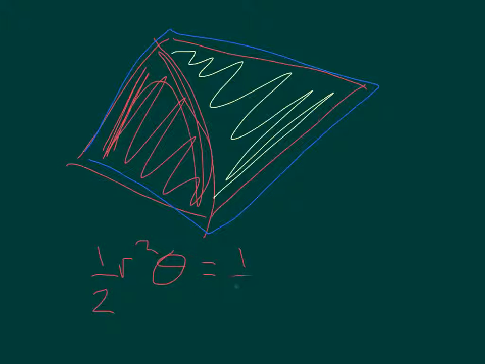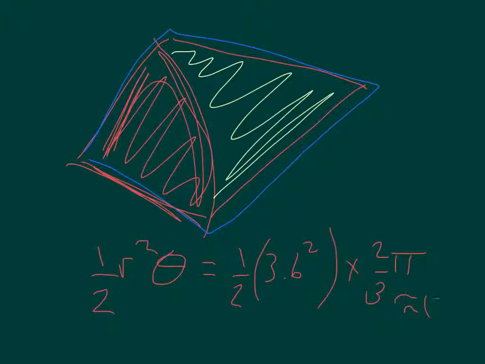So it's a half times 3.6 squared, that was the radius of this, times by 2/3 pi. That should give you something roughly equal to 13.57. Now, good sign, this number's smaller than the number we got for the whole thing. Tells us we're on the right lines.